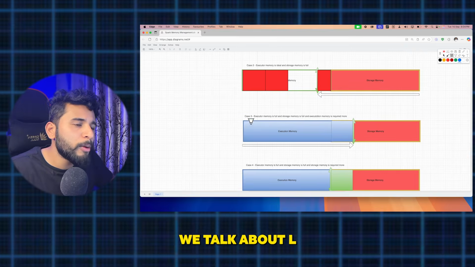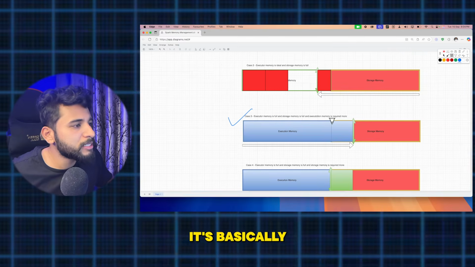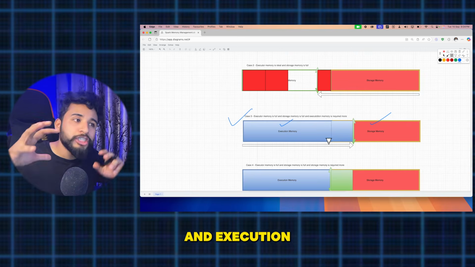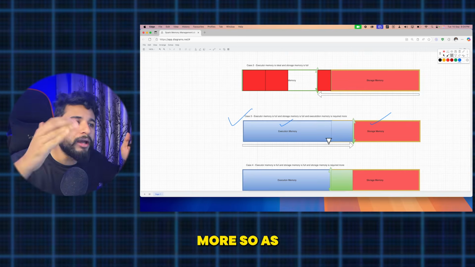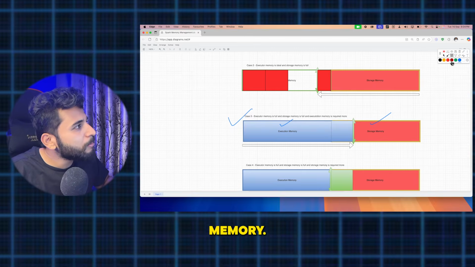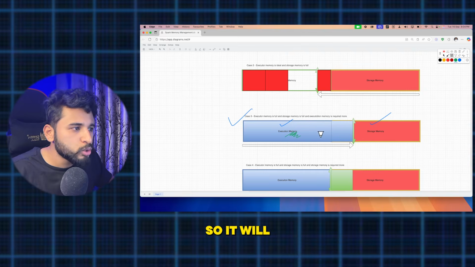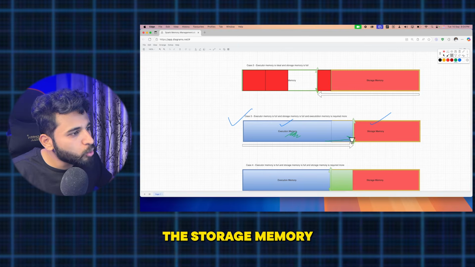The third case is when storage memory is full, executor memory is also full, and more execution memory is required. As this is our priority memory, it will try to occupy the storage memory.